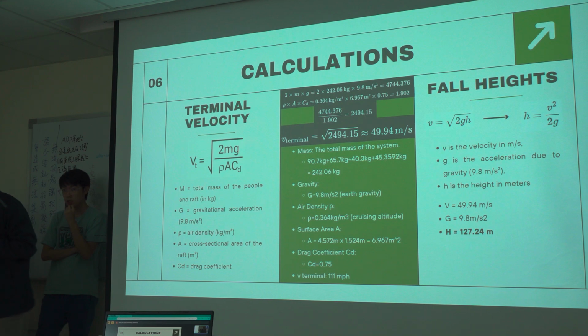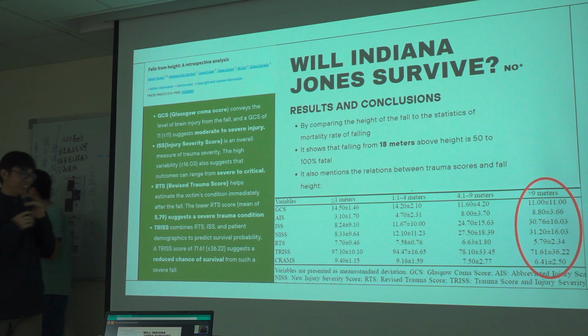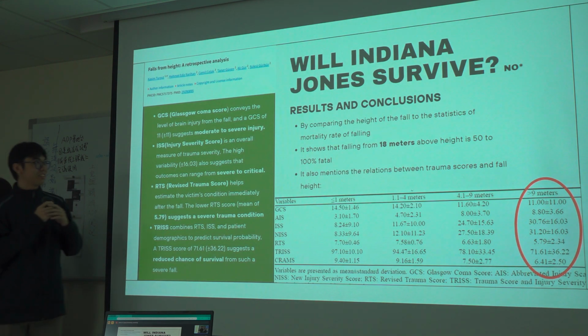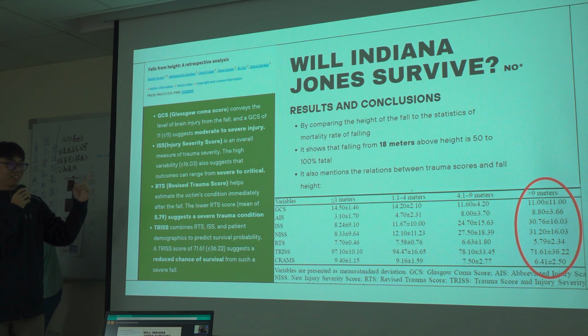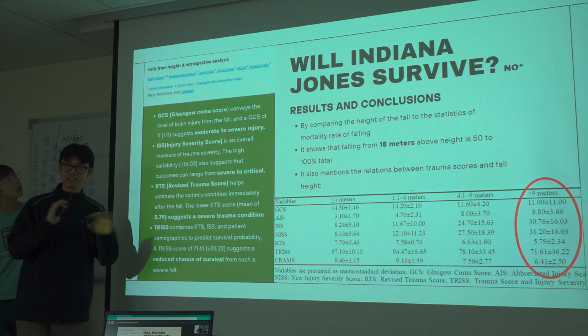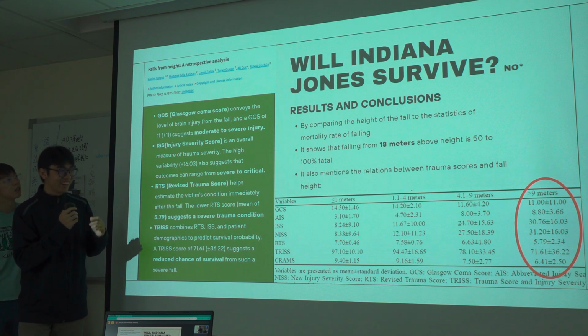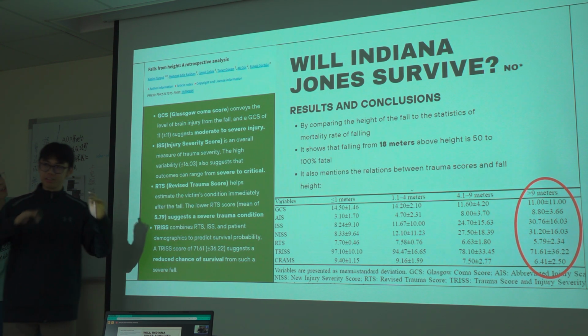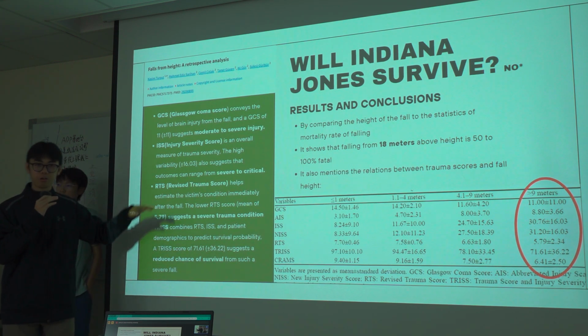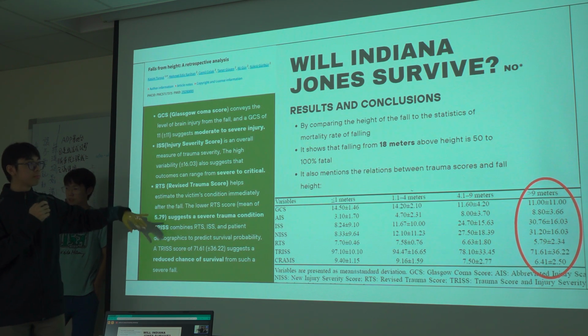Assume? Okay, sure. And it's quite deadly, because I found one of the articles, called "Falling from Heights," with analysis and statistics they gathered on whether people will survive falls from certain heights or not, and what effects they will bring.